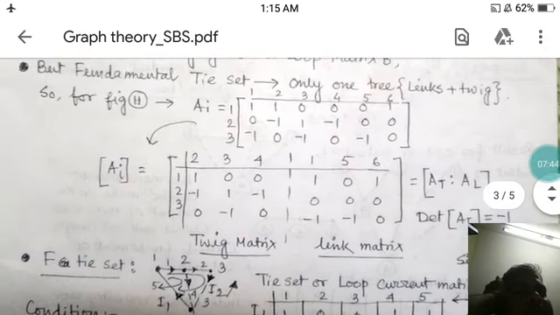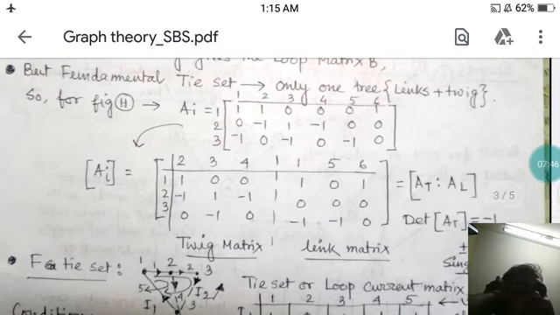Again, before going to the tie set, one incidence matrix can be rewritten in the form of link and twig matrix, twig and link matrix.